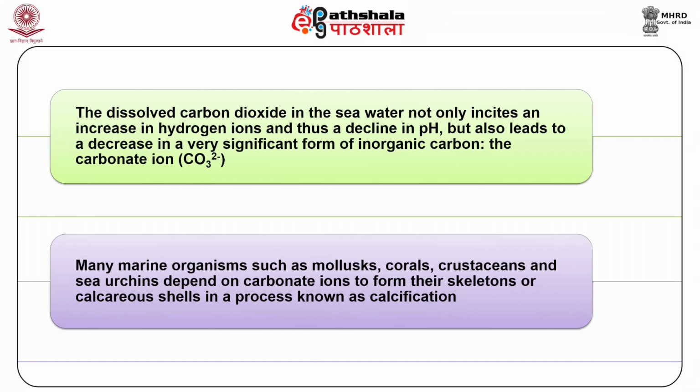Many marine organisms such as mollusks, corals, crustaceans, and sea urchins depend upon carbonate ions to form their skeletons or calcareous shells in a process known as calcification. The concentration of carbonate ions in the ocean principally determines whether there is a precipitation or dissolution of calcite or aragonite, the two natural polymorphs of calcium carbonate secreted in the shell form or skeleton form by these organisms.